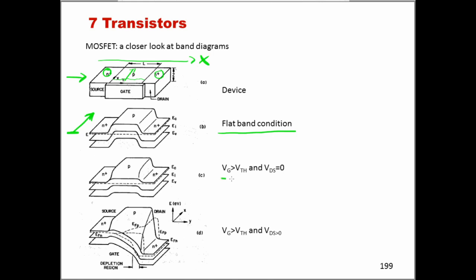So when VG is bigger than V threshold, but VDS is 0, so we are turning on the transistor, but there is no current flowing through the channel, we would expect that the above band diagram becomes like this. So as you can see, near the interface with the oxide, with the MOS stack, we are pushing down the energy diagram of the P side.